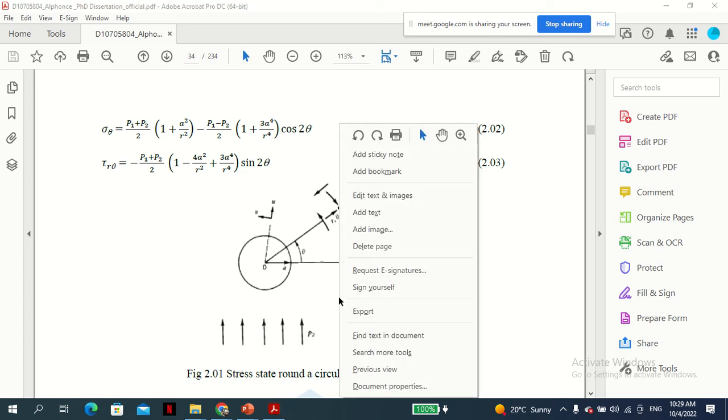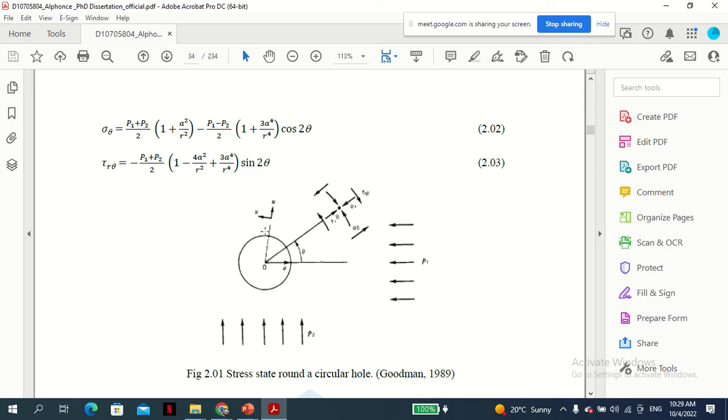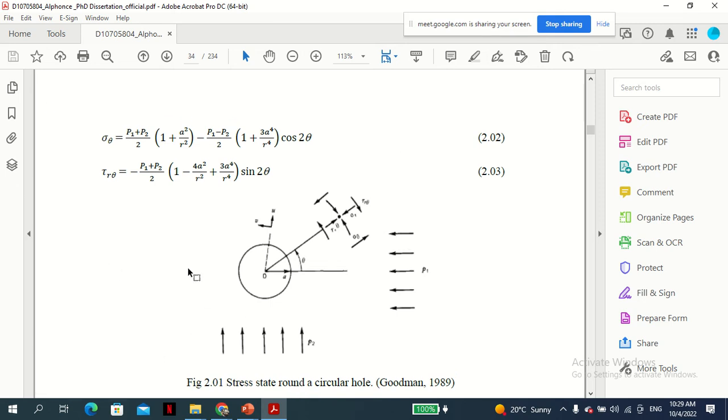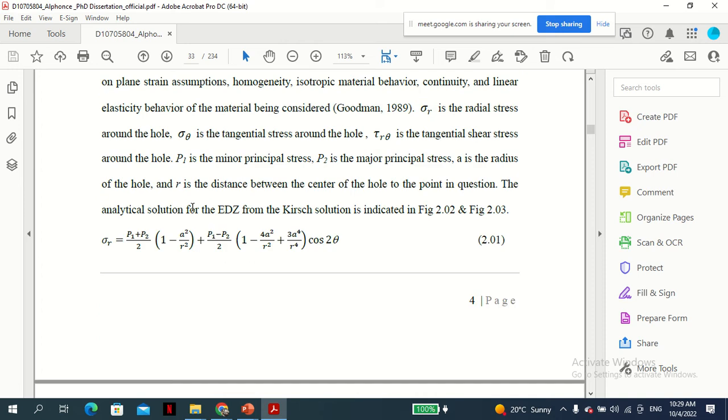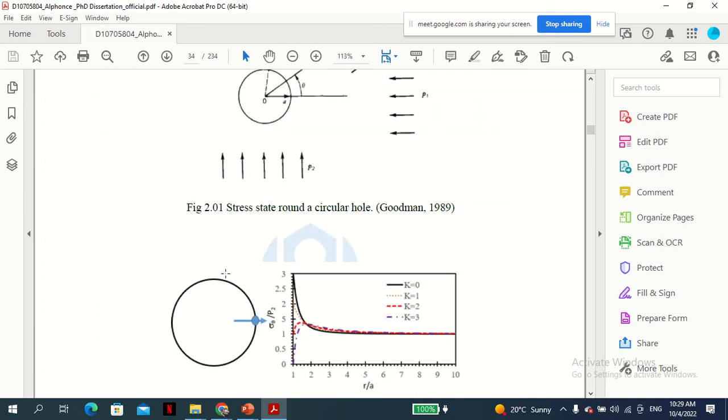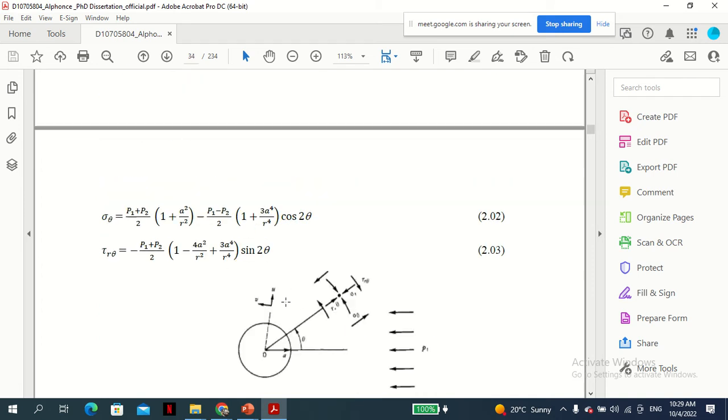Remember what I have explained in the slide. And these are the equations for how to calculate sigma r here, and sigma theta here, and tau r. So this is how to calculate the stresses.